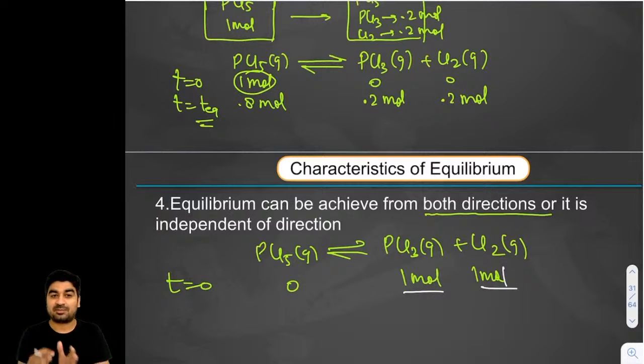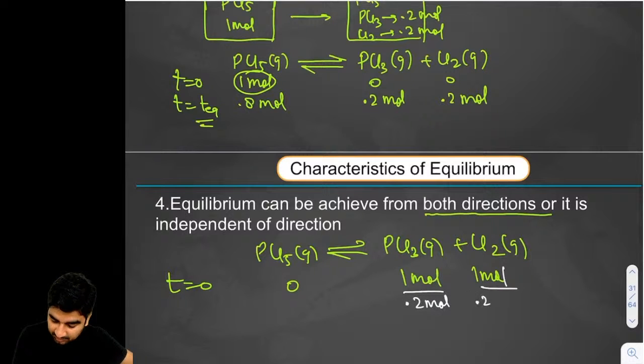This time I'm taking the product side. So the answer is yes, sir. Equilibrium can still be achieved, and once we achieve equilibrium, I will get 0.2 mole, 0.2 mole.